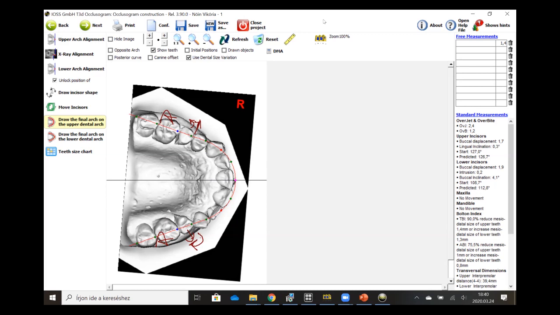Now, if you look at the anterior, you should always move the anterior as a group. And the point is whether to move 5 or 6 teeth. That's usually the problem. From my experience, the best thing would be to move these 5 teeth together.